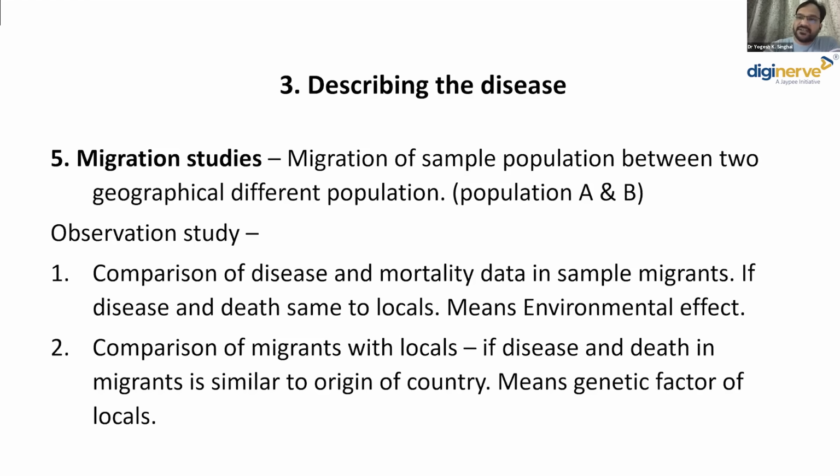But if a person belongs to Punjab or some other state and comes to us and after that develops a disease which is genetically related, it means the disease lies in the genetics. So this is how we differentiate between the environmental factor and the genetic factor of disease.